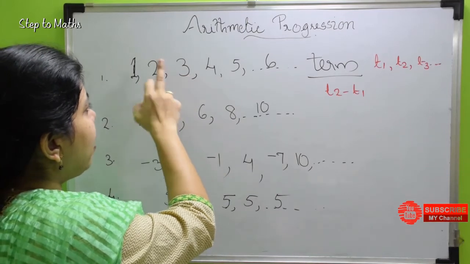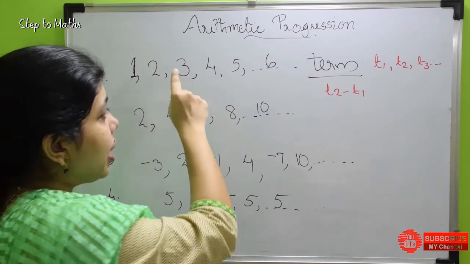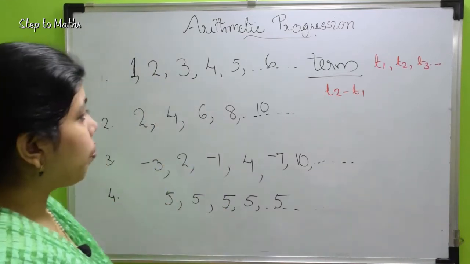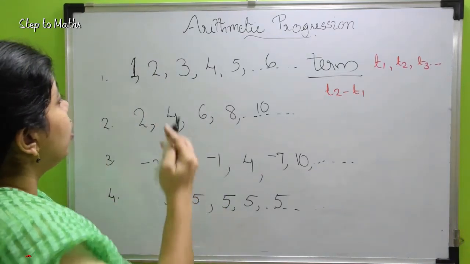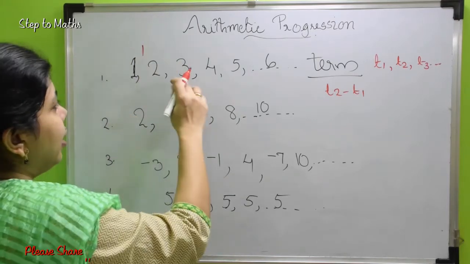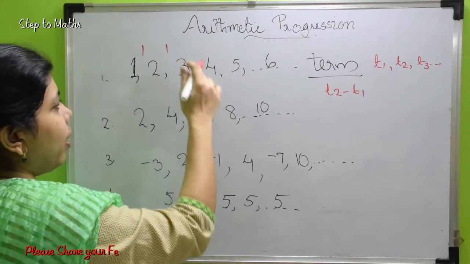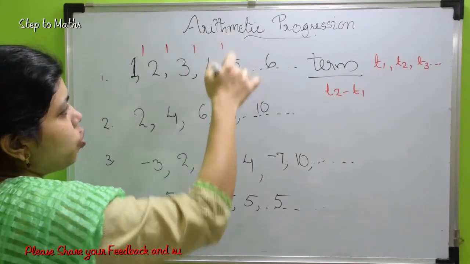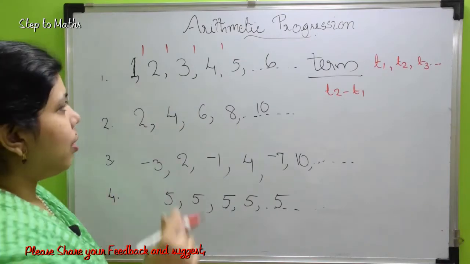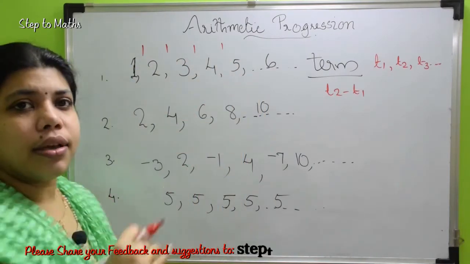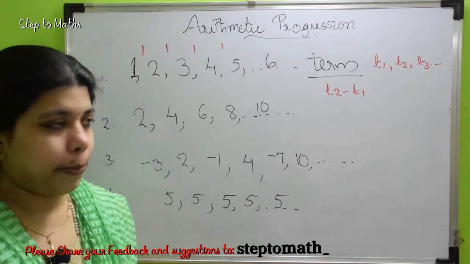Next, 3 minus 2, that is T3 minus T2. 2 minus 1 is 1, 3 minus 2 is 1, 4 minus 3 is also 1, 5 minus 4 is 1. So, the difference between the consecutive terms is constant.